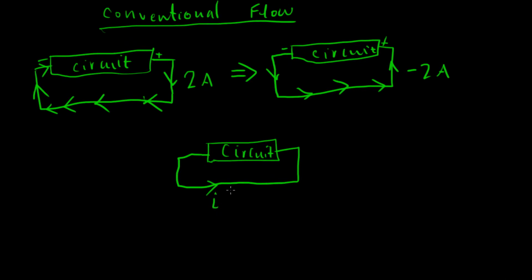So we just call this I. And when we do the calculations, if the current is flowing in our assumed direction, it will show up as a positive. So our assumption is right. If it's a negative, our assumption is wrong, and the current is actually flowing in the opposite direction.